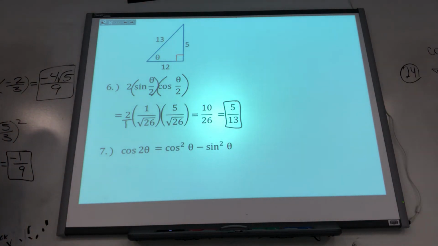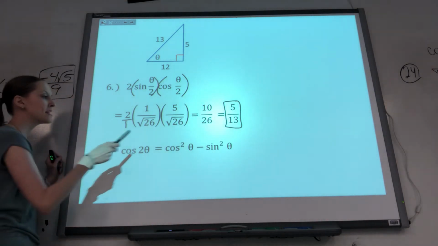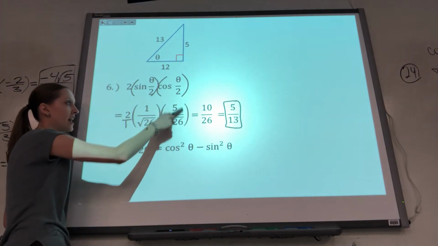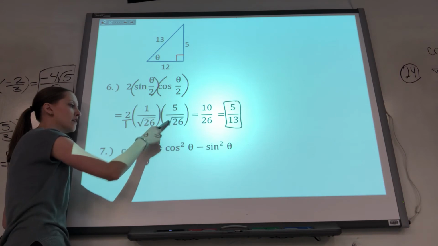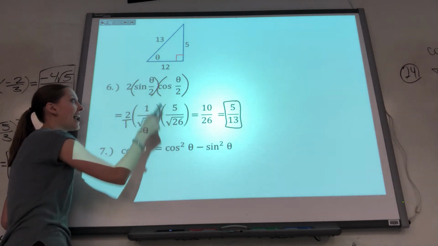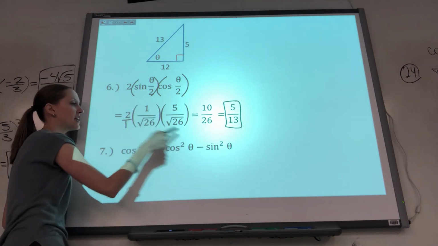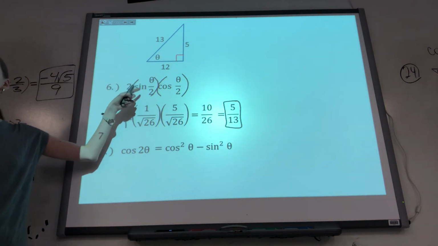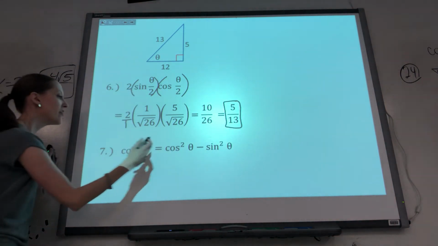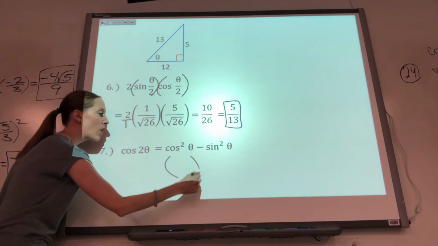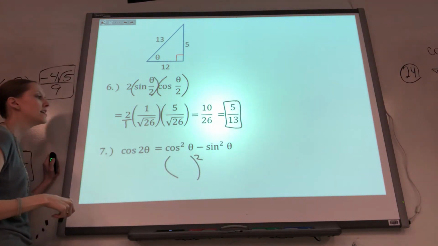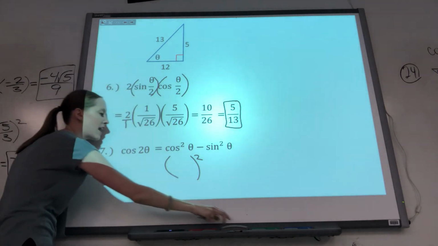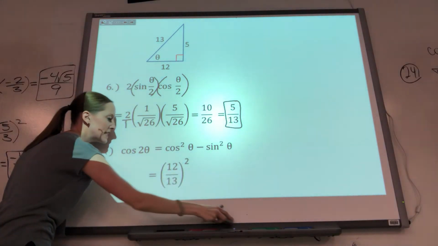Now here's what's tempting. I'm tempted to come back up here and use this fraction for cosine and that fraction for sine. However, those were half angles. This just wants plain old cosine of theta squared. If you come back to your triangle, cosine is 12/13.